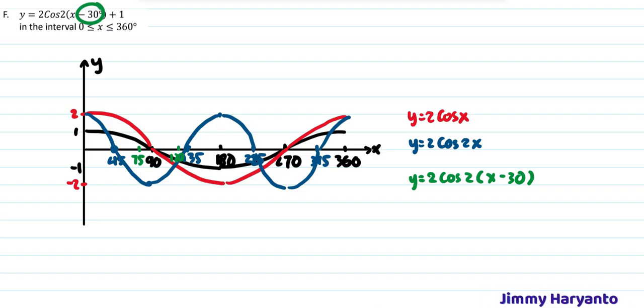So the first one is 0 becomes 30. 30 is right here, and then go to 75. 75 goes to 120. 120 goes to 165. 165 goes to 210, 255, 300, 345, and then 400.